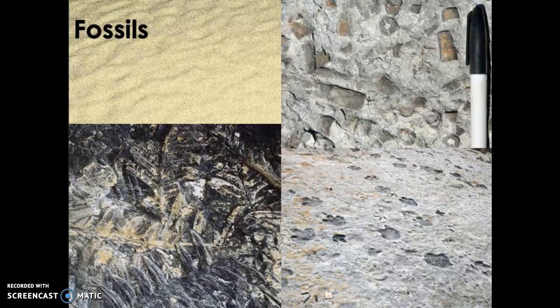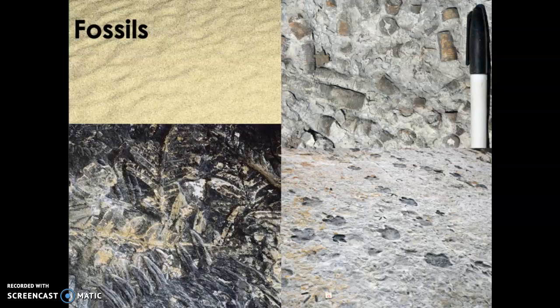So you need to be in an environment where things are being deposited rather than eroded, and you also need typically to bury things fairly quickly, because the longer they sit there, the more likely they are to be scavenged and destroyed. So that quick burial in an environment of deposition, and it helps to have hard parts.